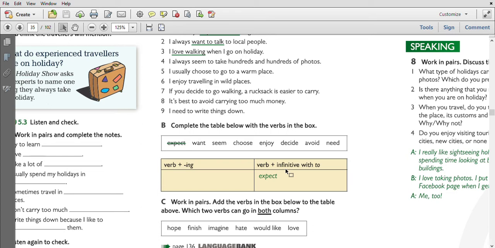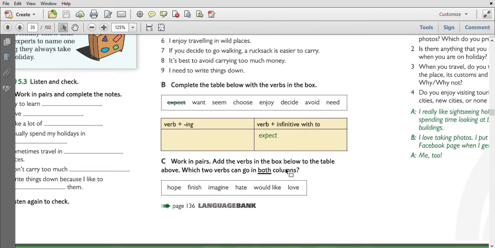So next we add the verbs in the box below to the table above. Which two verbs can go in both columns? Let's see. So the first one, hope, we will put it in the verb plus infinitive with to. Finish, we will put it with verb plus ing in the first column.